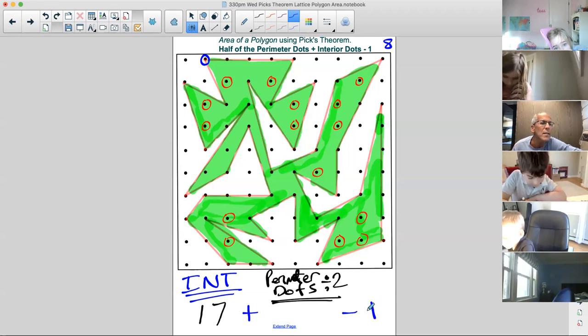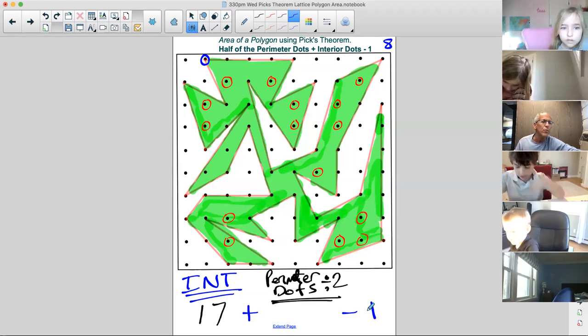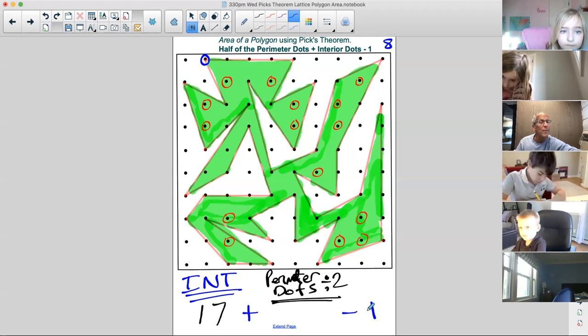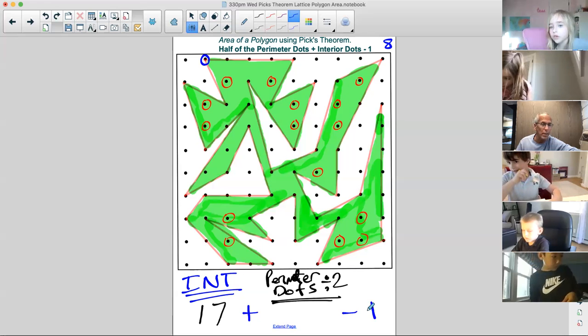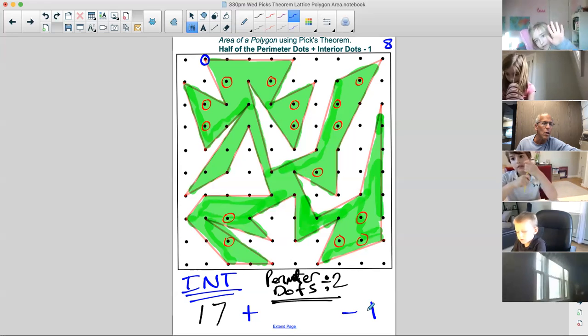You working on this, Tess? Okay, good. If you sit up, you'll do even better. So Romy, what do you think? I think it's 27. And 27 is half of the perimeter dots, or there are only 27 perimeter dots? Actually, it's 28.